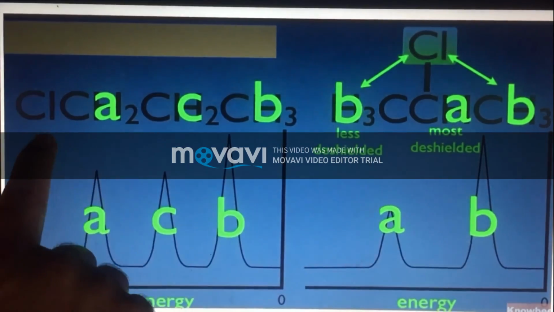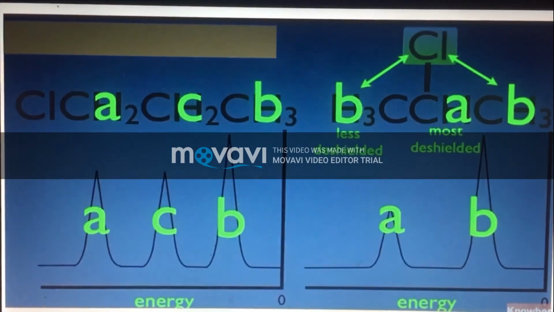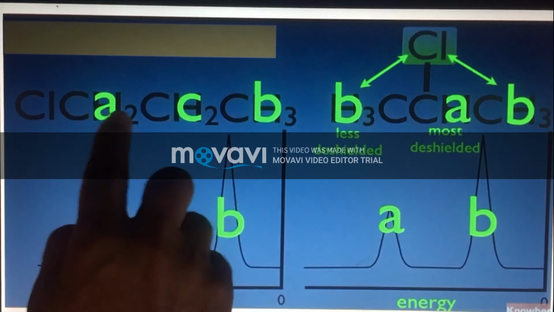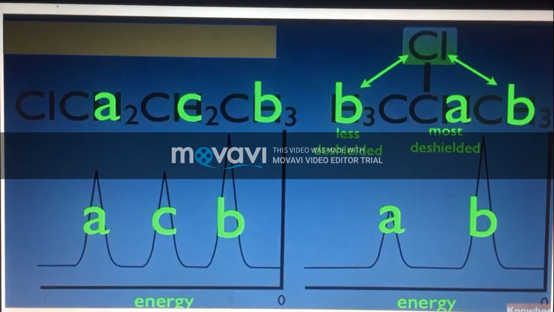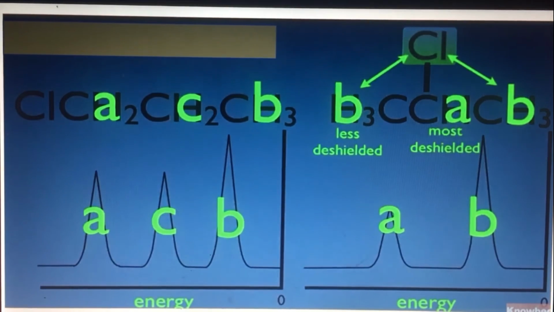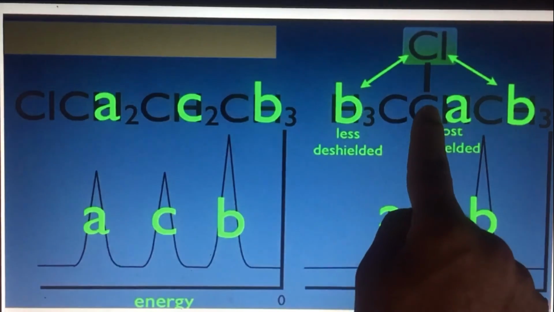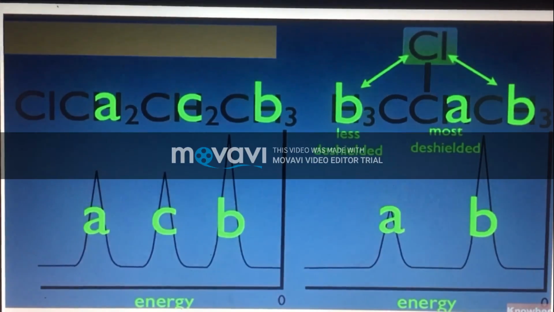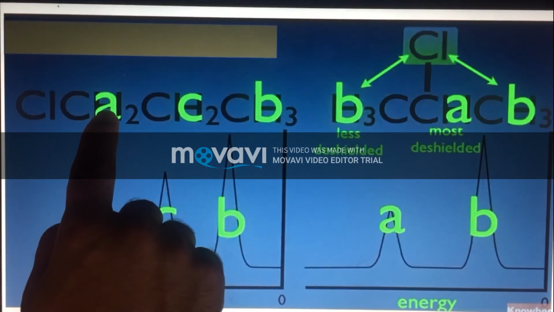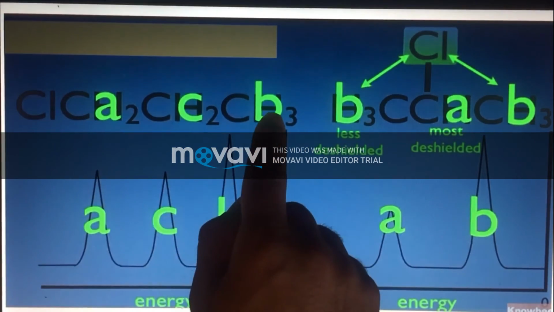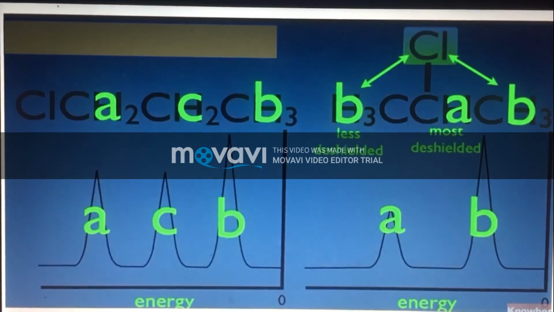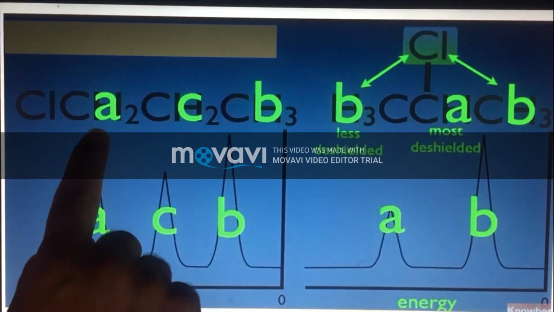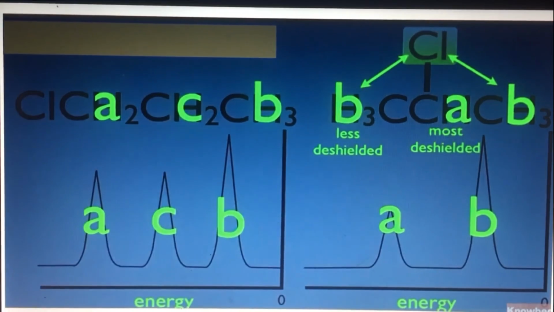I mean, suppose this molecule and this molecule have the same number of hydrogen, same number of carbon, and same number of chlorine. So all other techniques may not differentiate, but NMR can differentiate this molecule from this one. How? Let's see. This one is say A, this one is say B hydrogen, this one is say C hydrogen. Let's look at first A.